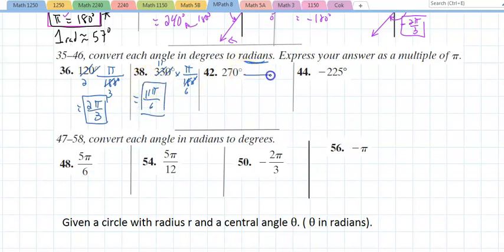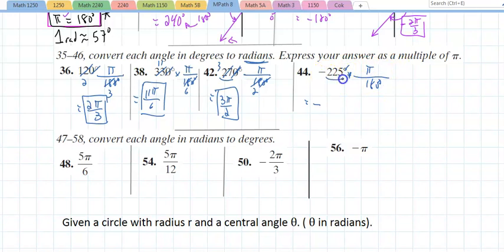270 degrees. If I multiply by pi over 180, the degrees cancel out, the zeros cancel out, divided by 9, that's a 3, divided by 9, that's a 2, that's the equivalent of 3 pi over 2. Negative 225 degrees, if I multiply by pi over 180, that is negative, the degrees cancel out.